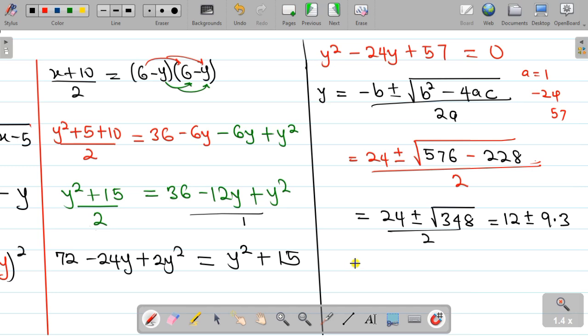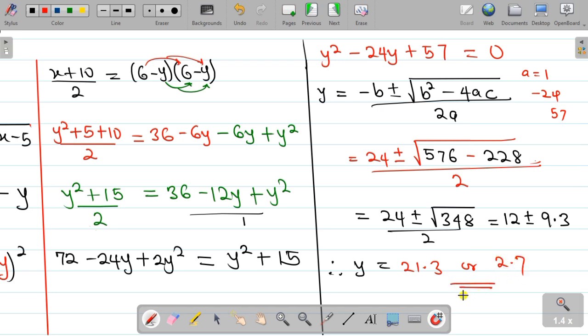So what that means is that our y is equal to, if you add these, 21.3, or plus or minus. Or if you subtract, 12 minus 9.3, you will get around 2.7.